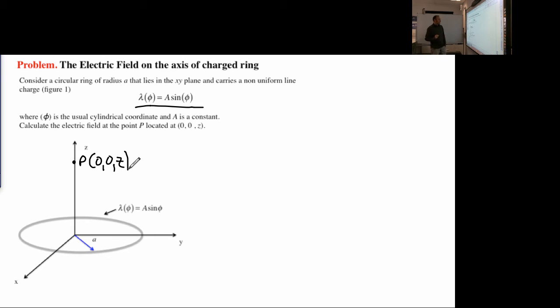Okay, so the first thing that we want to do is just write down the equation for an electric field.